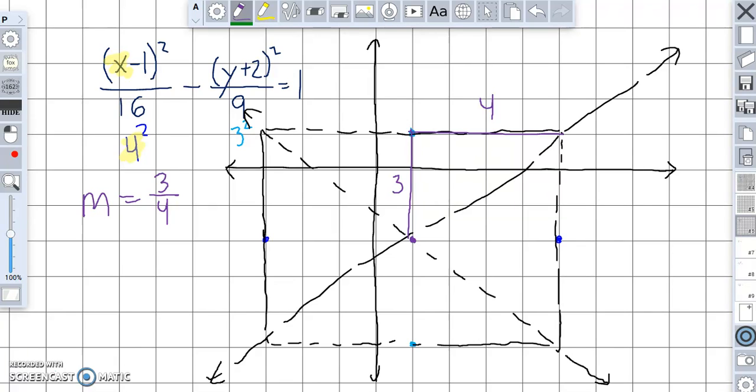And it goes through the point (1, -2). It goes through that point because that's the center, and the asymptote is going to go right through the center.